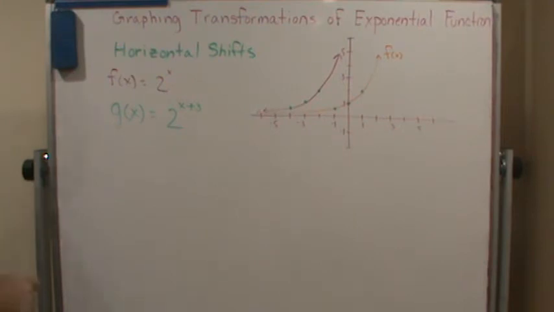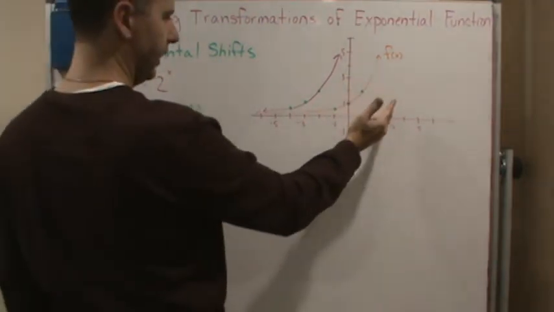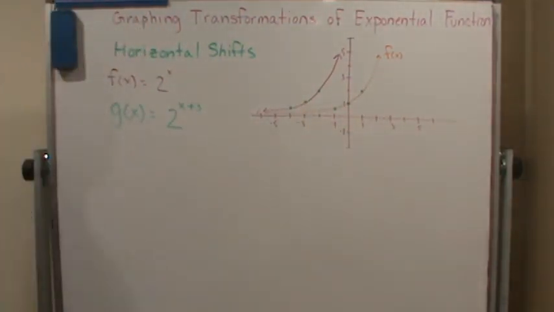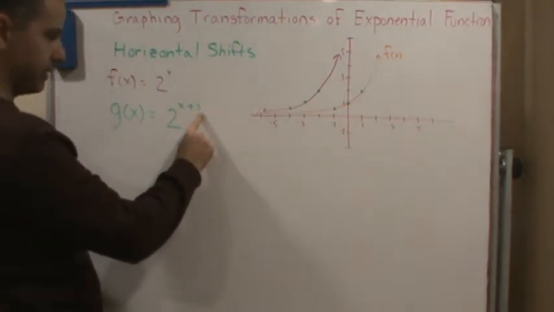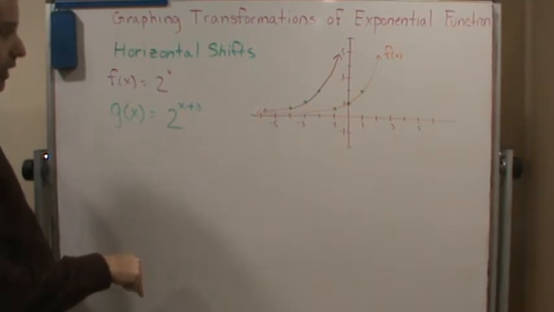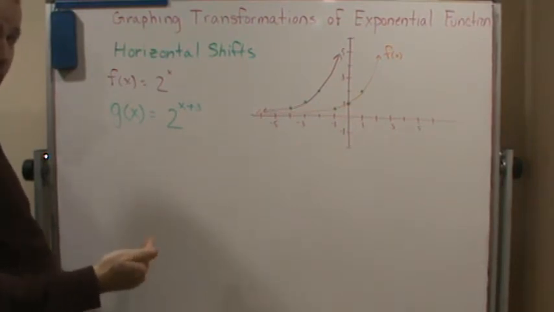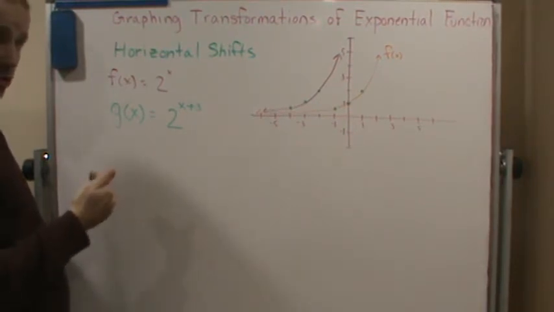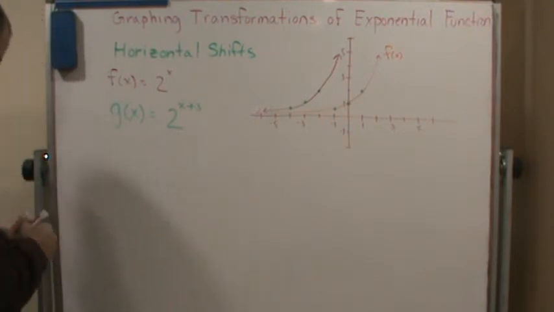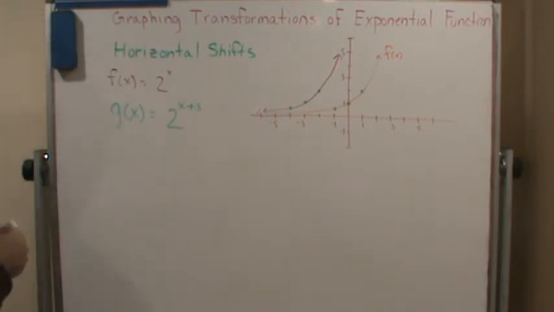Basically it took f of x and shifted it to the left. So if you add a constant on the inside of the function, you're effectively shifting the graph to the left.